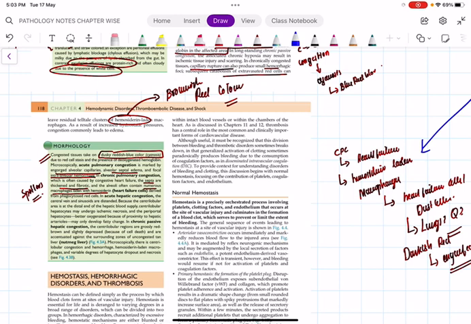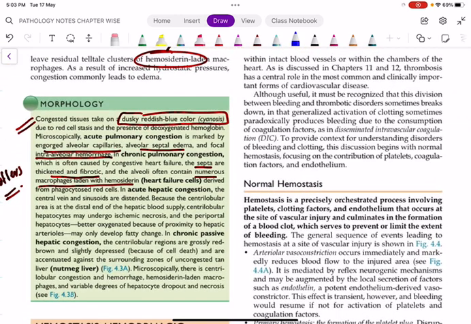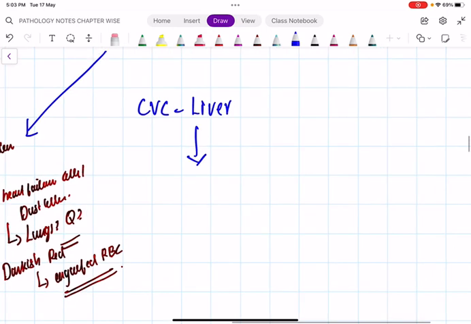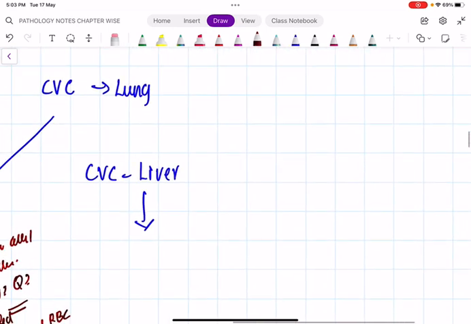If it is acute hepatic congestion, the central vein and sinusoids will be distended. There will be centrilobular necrosis. Here comes an MCQ question.